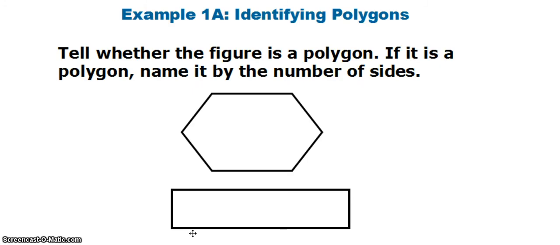So we are going to tell whether the figure is a polygon, and if it is, name it by the number of sides. So is this a polygon? Yes, it is a closed figure made up of segments, isn't it? So let's name it by the number of sides. 3, 4, 5, 6, 6 sides. So it would be called a hexagon.